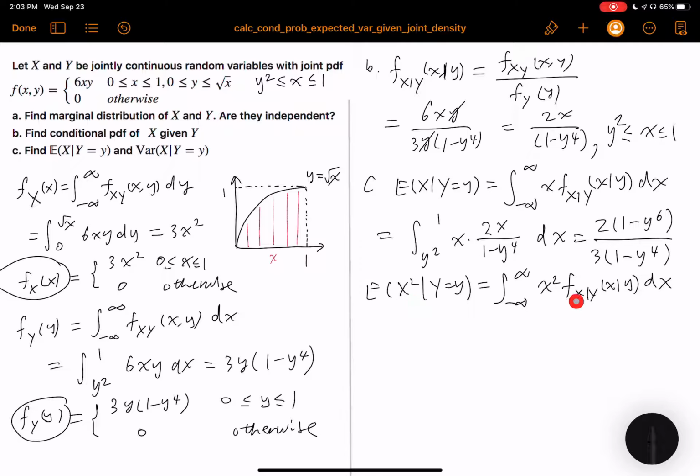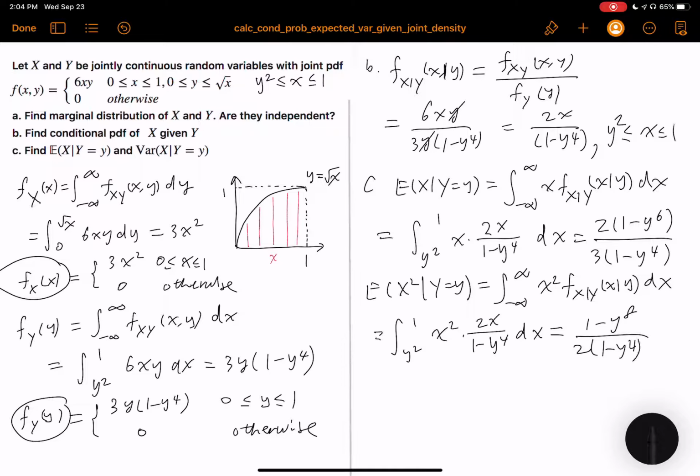Now the function of x is x squared, so you just plug in x squared here in the integral. Recall that for fixed y, x is between y squared and 1, so the integral here is from y squared to 1, of x squared times 2x divided by (1 − y to the fourth), dx, and this is equal to (1 − y to the eighth) divided by 2 times (1 − y to the fourth).